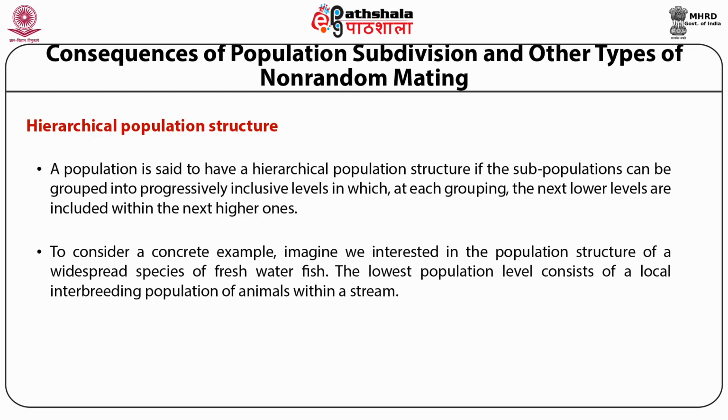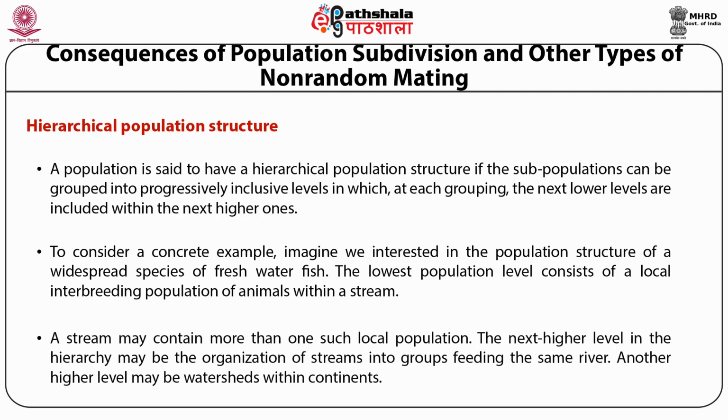To consider a concrete example, imagine we are interested in the population structure of a widespread species of freshwater fish. The lowest population level consists of a local interbreeding population of animals within a stream. A stream may contain more than one such local population.